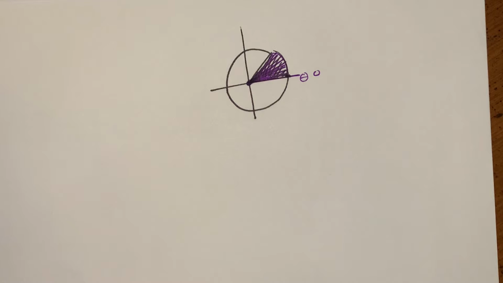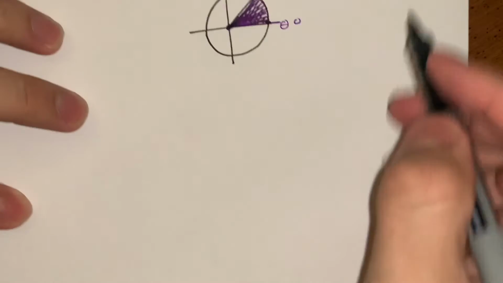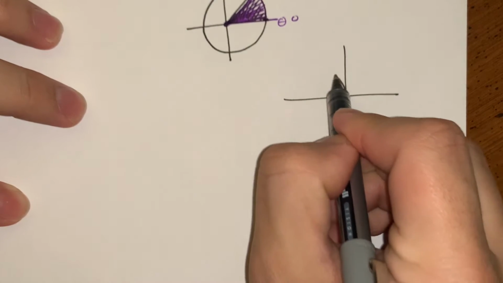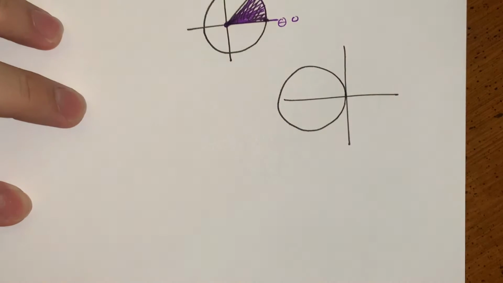Now sometimes it's a little bit more involved. For example, with this circle, I'm going to have a circle on this half of the graph.